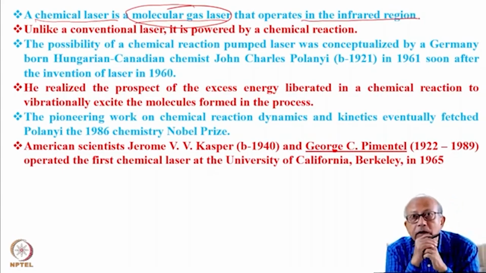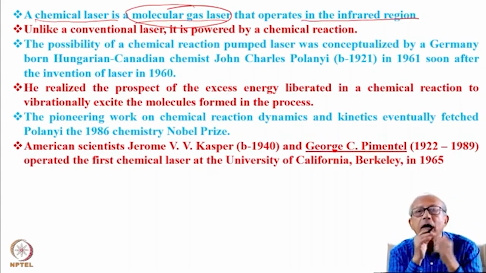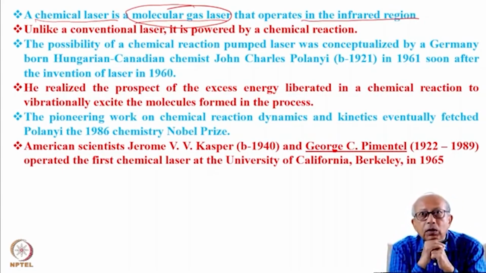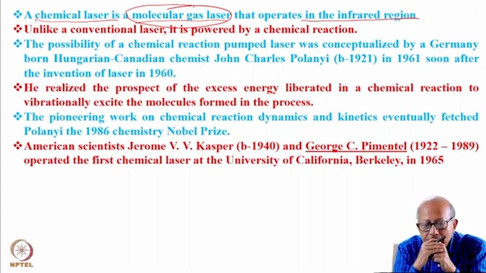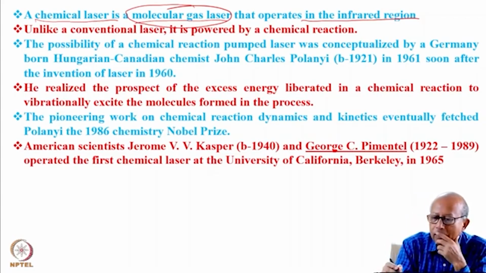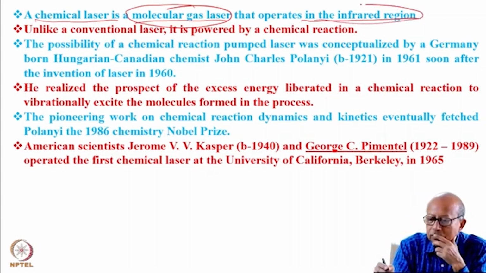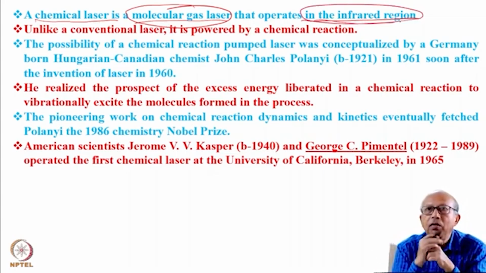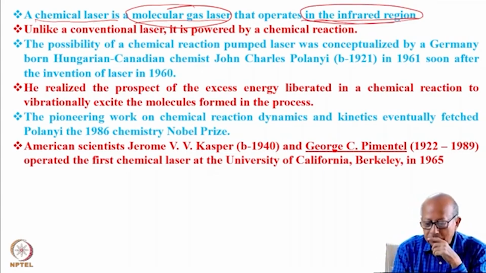You already know this, having studied the operation of the carbon dioxide laser. But let me delve a little to enlighten you more on why a chemical laser would usually operate in the infrared region of the electromagnetic spectrum.